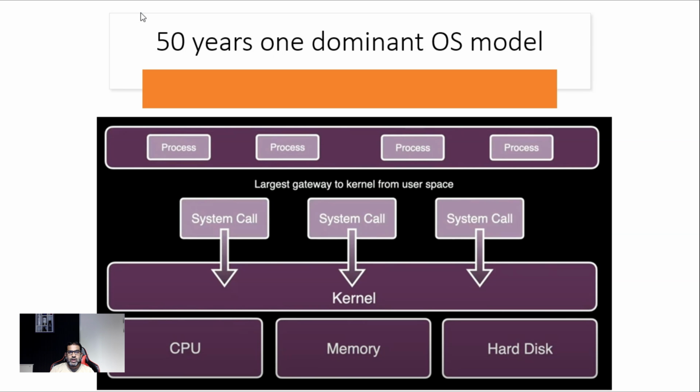Let's say, for example, you want to start a process that needs to interact with the CPU. If you want to read or write a file, that needs to interact with your hard disk. And if you want to communicate externally, you need to communicate with the NIC driver.